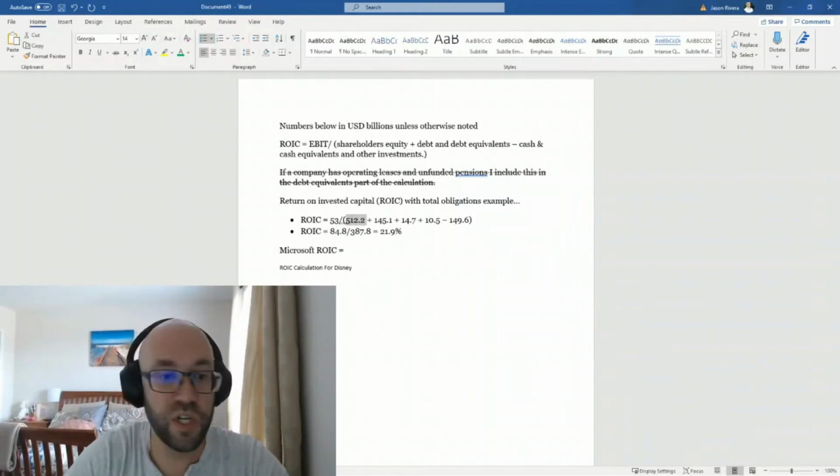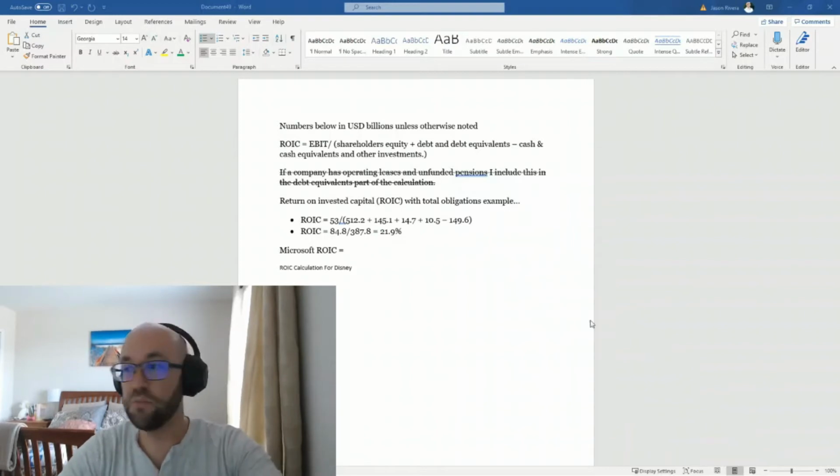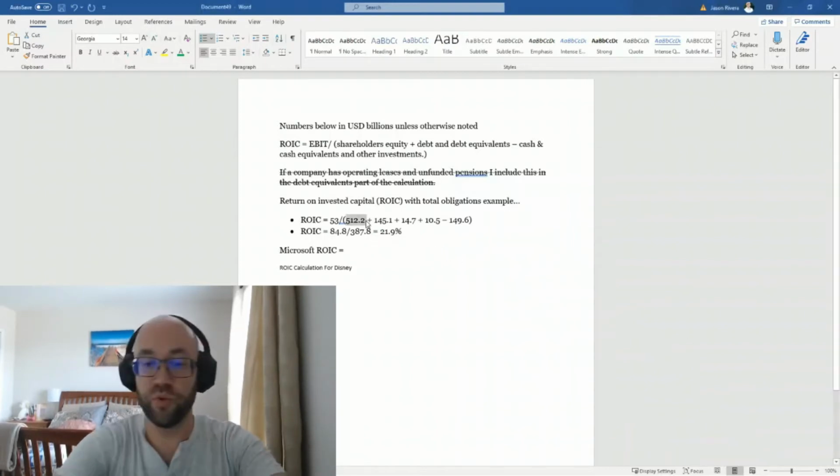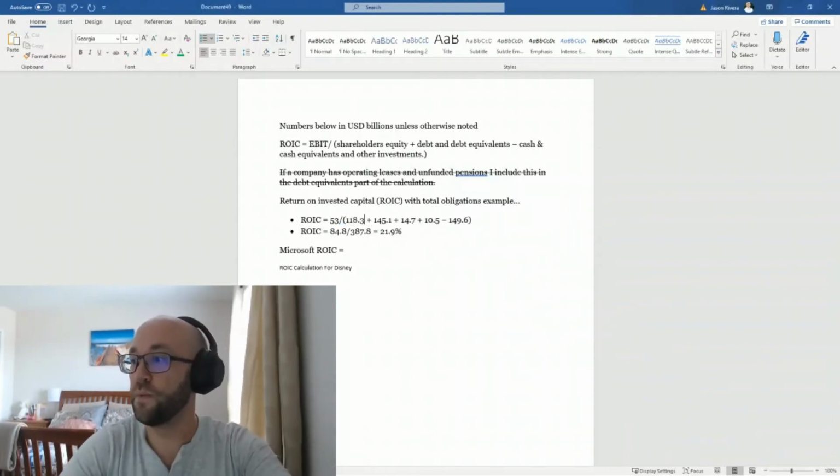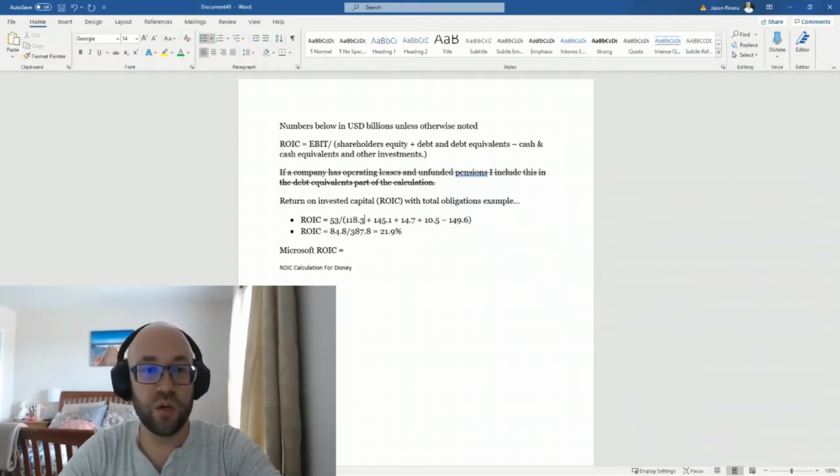Okay, so shareholders' equity, that's all the way down at the bottom. That is 118.3 billion, plus debt and debt equivalents. Scroll back up. For this, you want short-term and long-term debt.